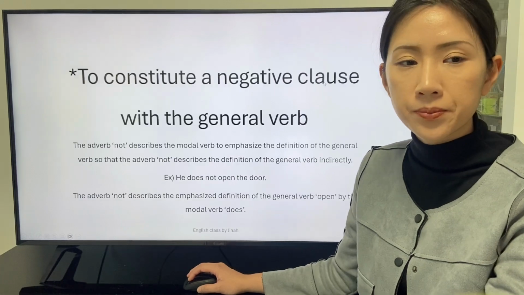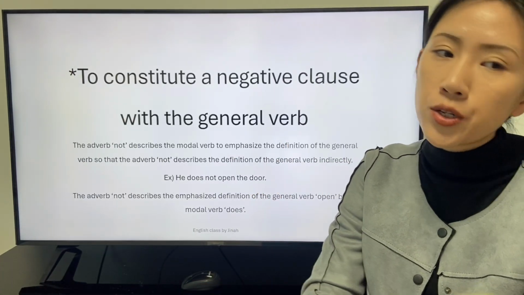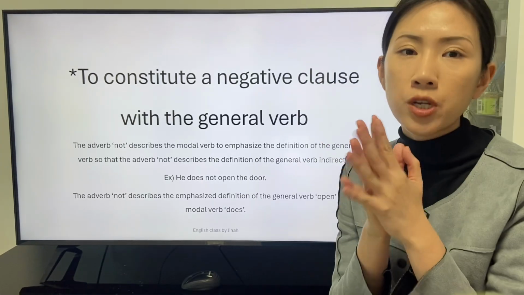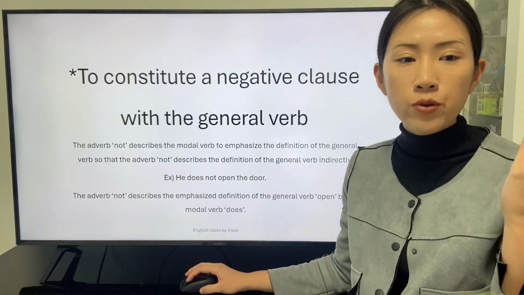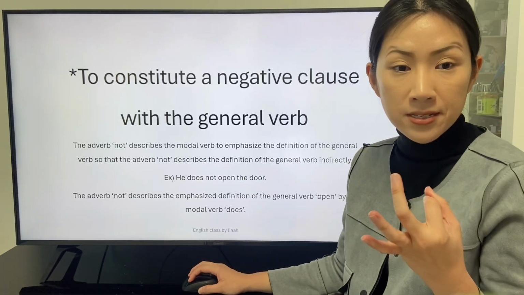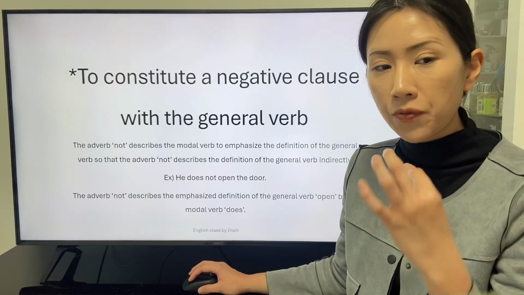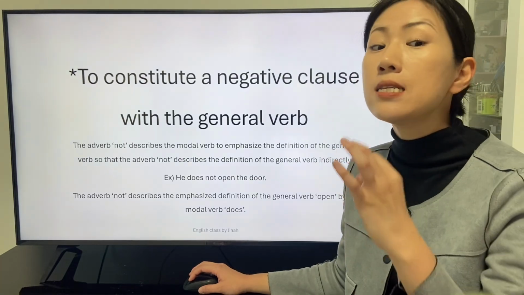From now on, we will study about constituting a negative clause with the general verb. First, the adverb not describes the modal verb to emphasize the definition of the general verb, so that the adverb not describes the definition of the general verb indirectly.